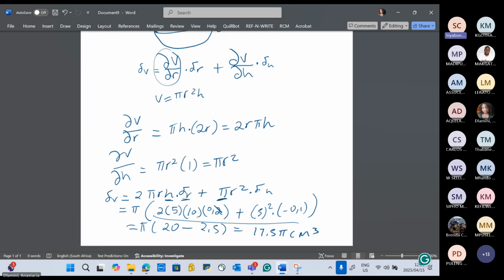We have the units there and we can see that we've got centimeters squared multiplied by centimeters plus centimeters squared multiplied by centimeters. So that's how we got centimeters cubed there. Thank you. Are we all okay now? Yes.